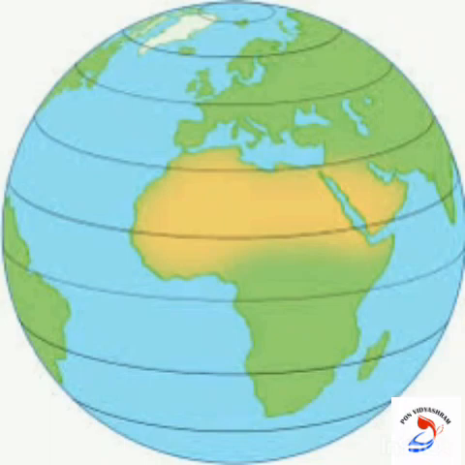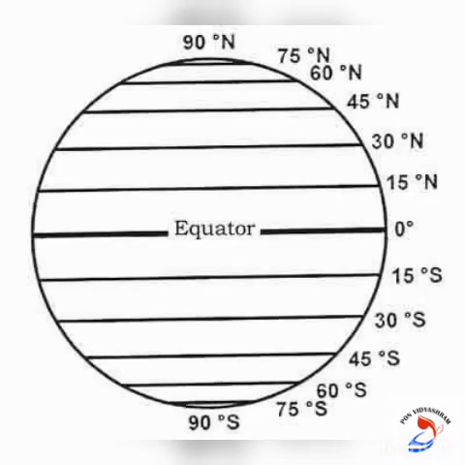These parallel lines are called parallels of latitude. Latitudes are measured in degrees. The equator represents 0 degree latitude.